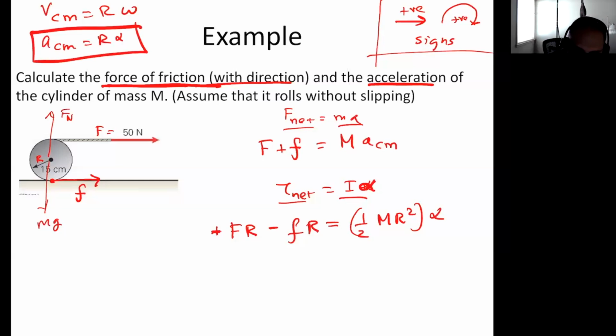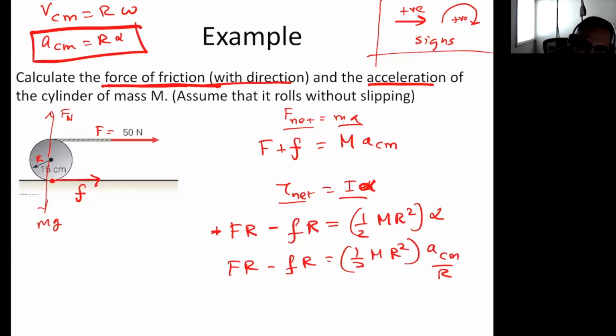So my second equation becomes FR minus little fr is equal to 1/2 m r squared, and instead of alpha, I'm going to use ACM divided by R. I could only do this because it's rolling without slipping. If I didn't know whether it's slipping or not, then I wouldn't be able to proceed any further.